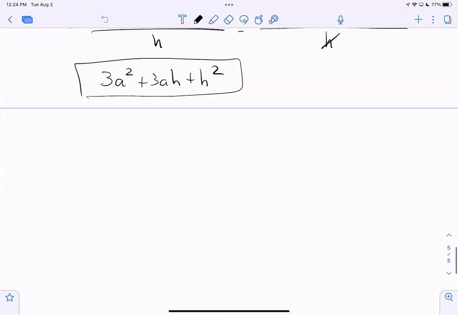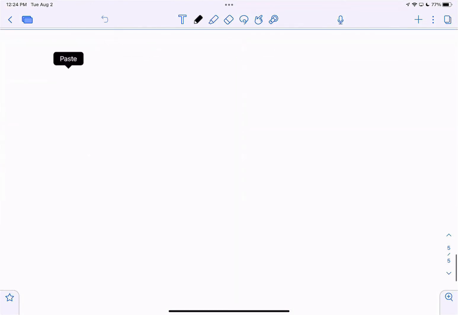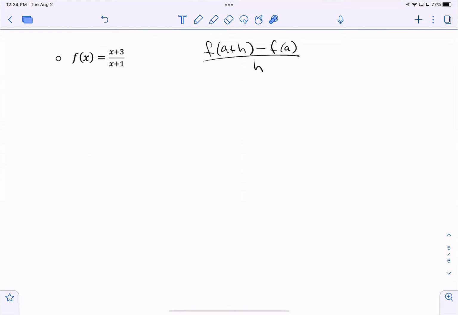And with that in mind, we're going to look at one more example here. Same instructions, evaluate the difference quotient, which is going to be f of a plus h minus f of a divided by h, for the function given, which is f of x is equal to x plus 3 over x plus 1. I'll go ahead and get this started.